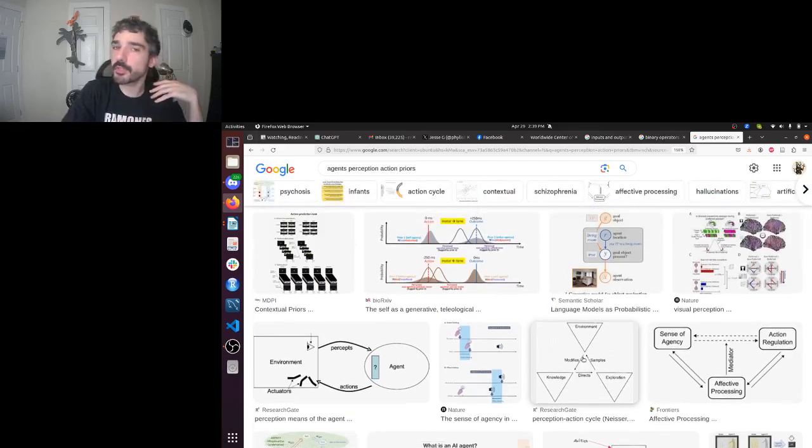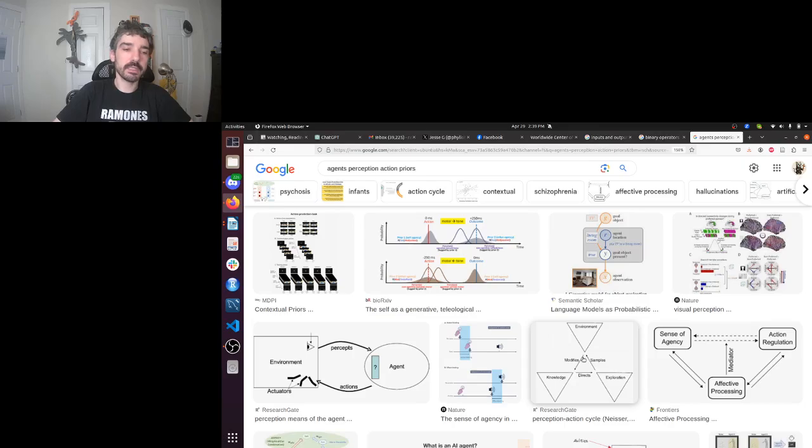Right, so we mentioned sensors, we mentioned actuators, and now agents. When we're referring to biological organisms as agents, there's two main categories of agents that we can consider.